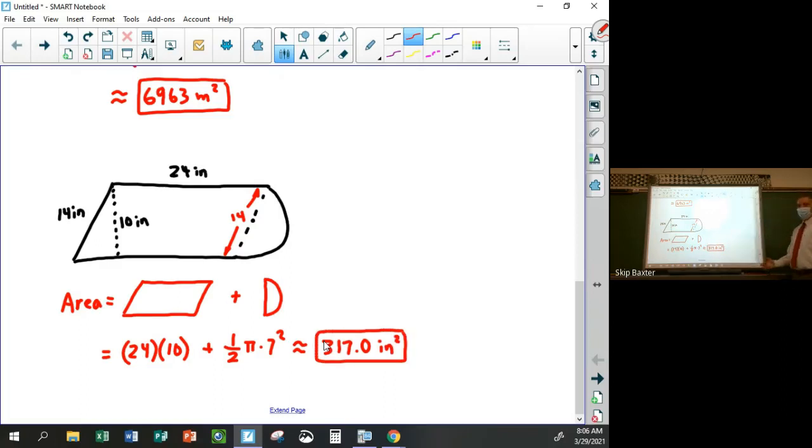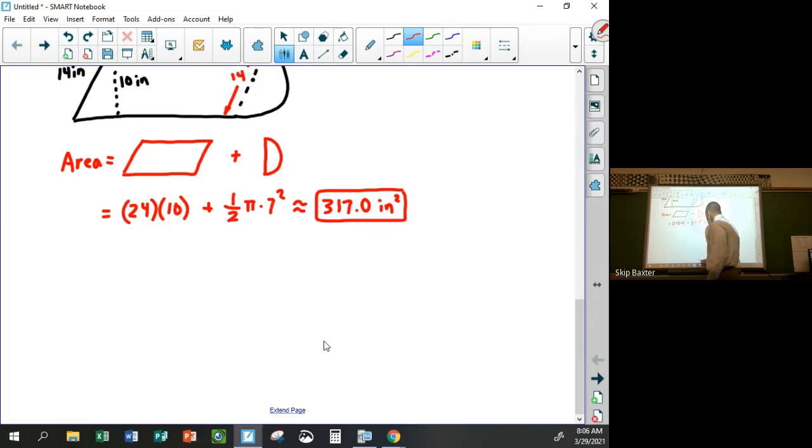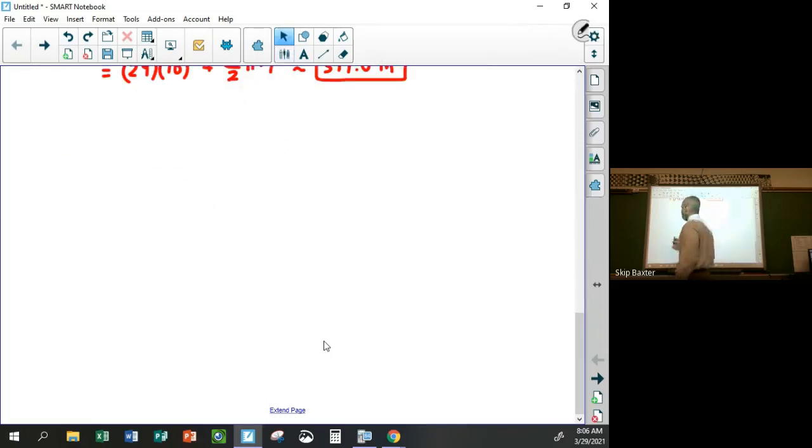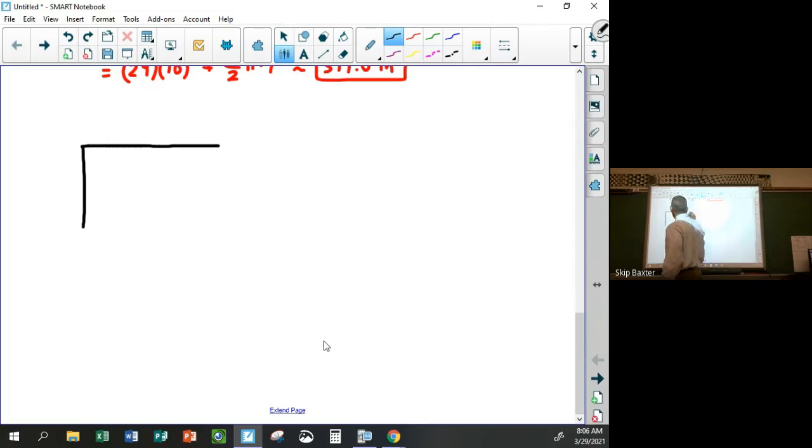Okay? Sometimes instead of adding simple shapes, sometimes you subtract simple shapes. Like for example, what if they had a rectangle that was missing a semicircle at the end, something like that. All right.